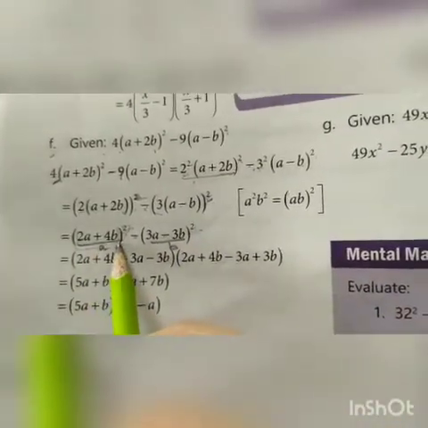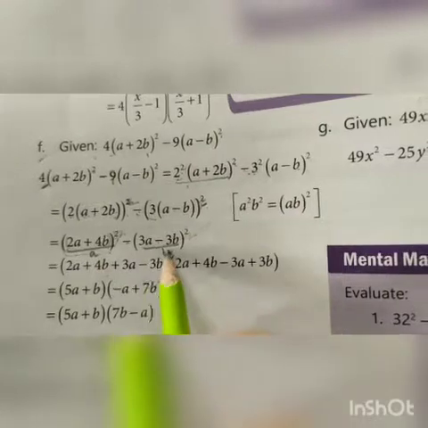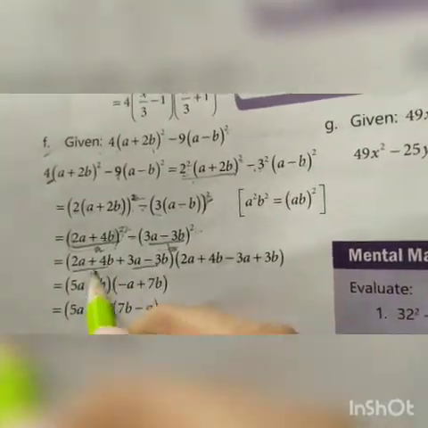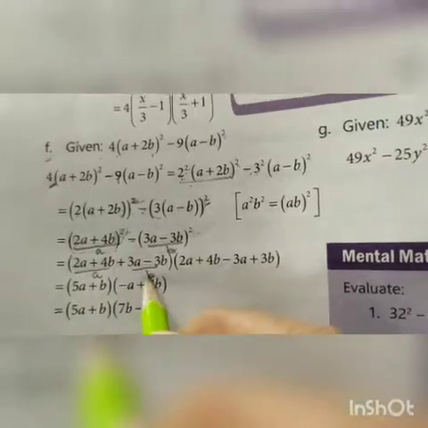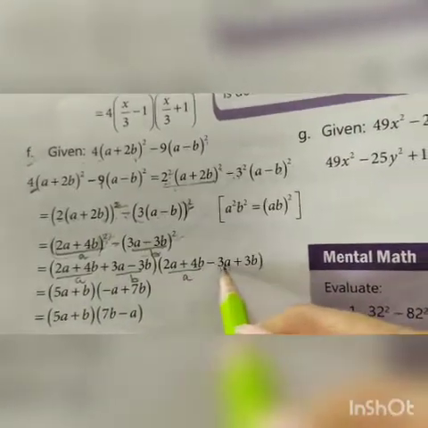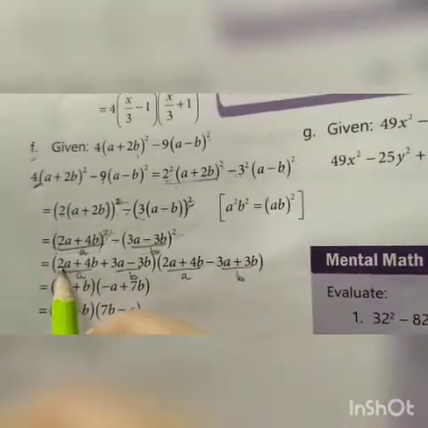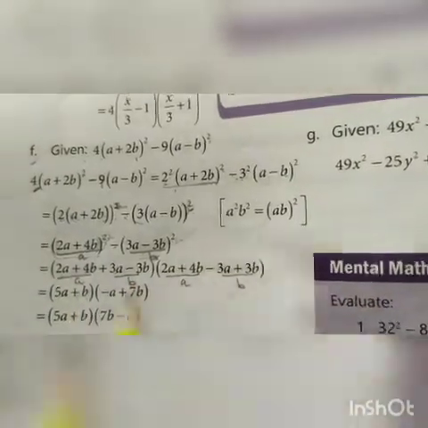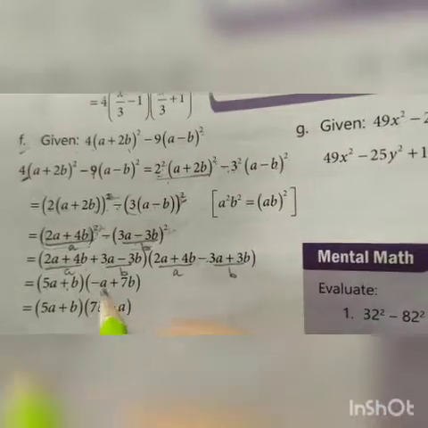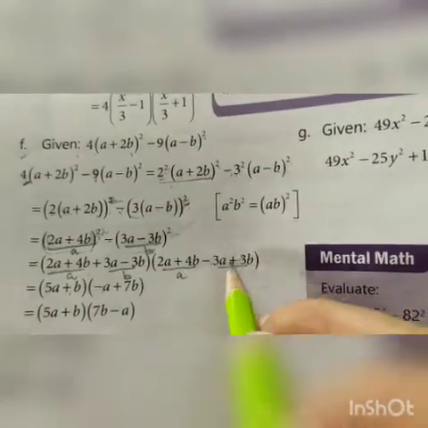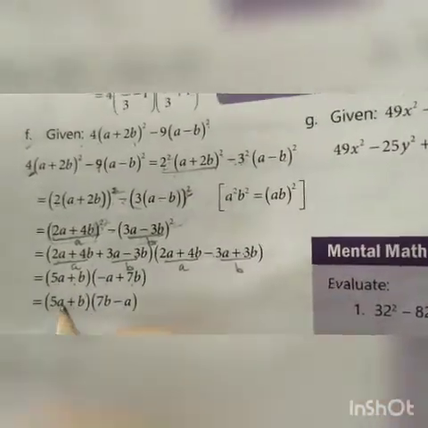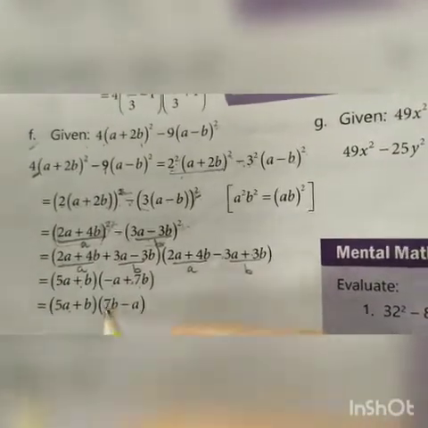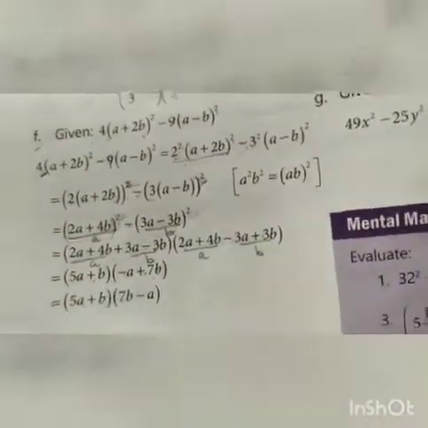The value of A is 2A plus 4B, the value of B is 3A minus 3B. Now it is A plus B and A minus B. Solve it: 2 plus 3 is 5A, plus 4B minus 3B is plus B. 2A minus 3A is minus A, 4B plus 3B is 7B. So 5A plus B, then write 7B minus A.